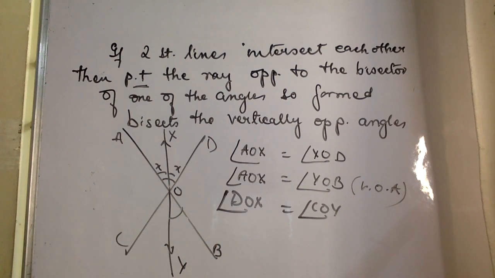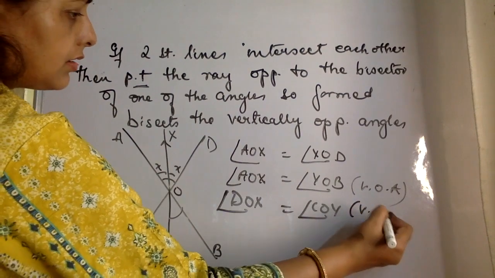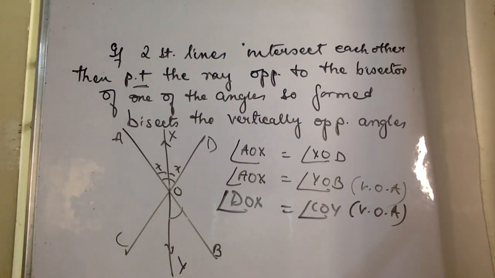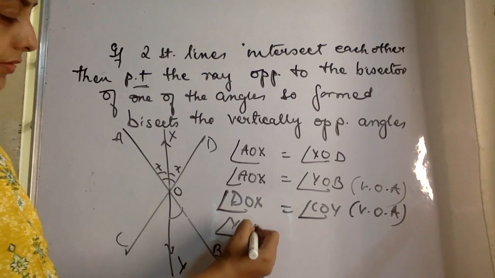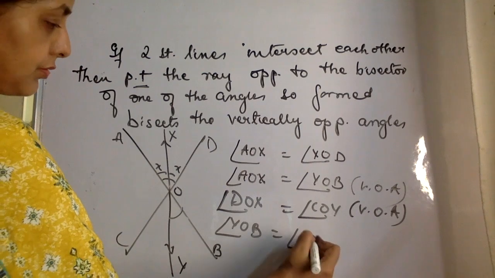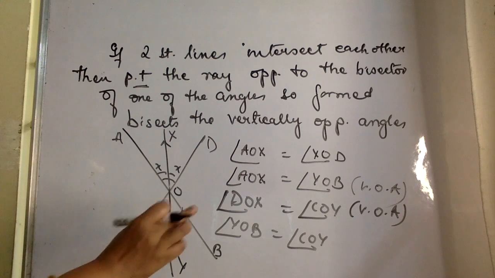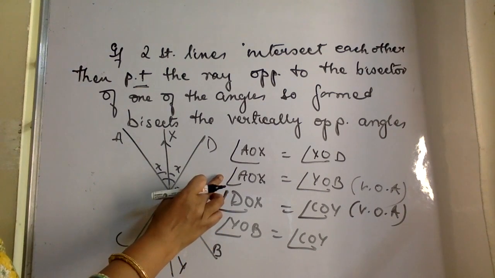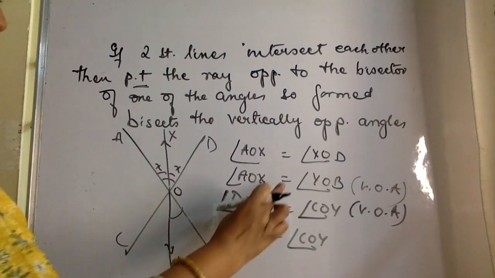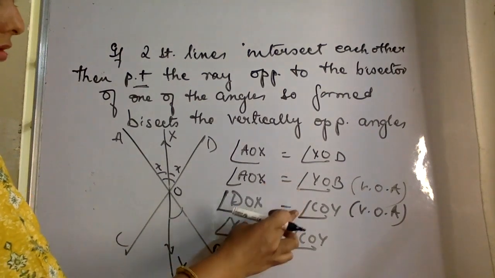DOX is equal to COY, again VOA. Okay. If DOX is equal to COY, then can we write YOB is equal to COY? YOB is equal to COY, because AOX is equal to DOX. Now here, these two I have told are equal. Why?